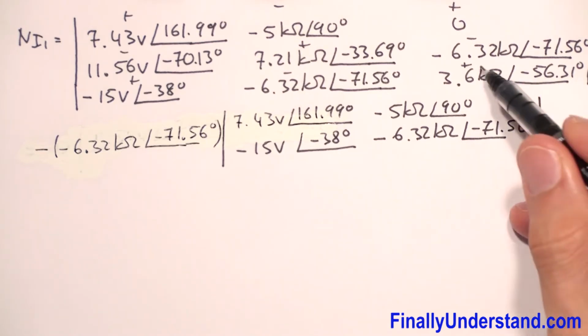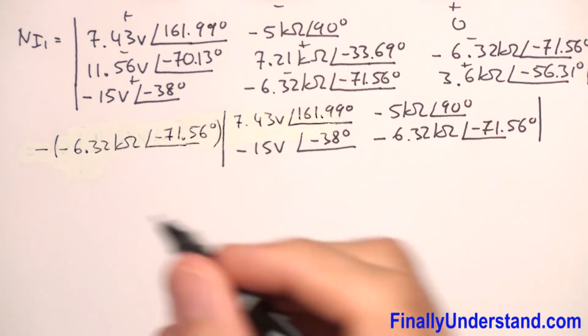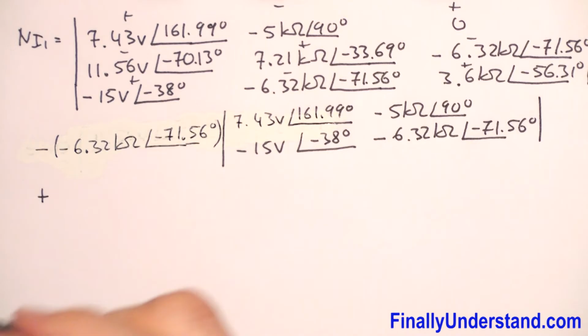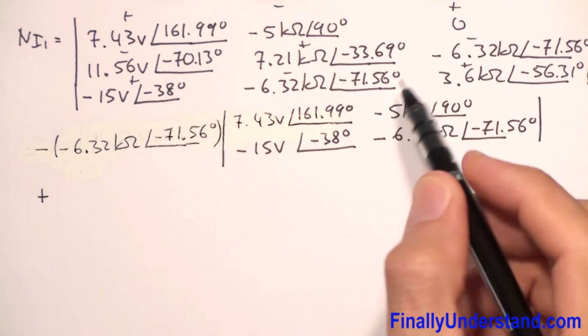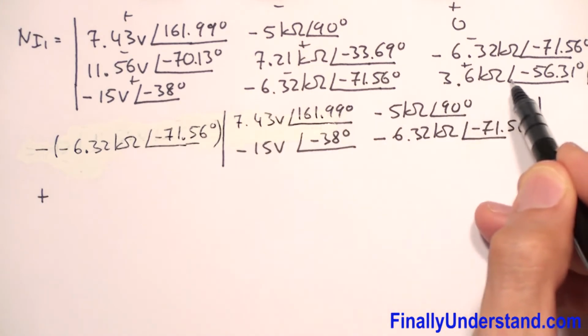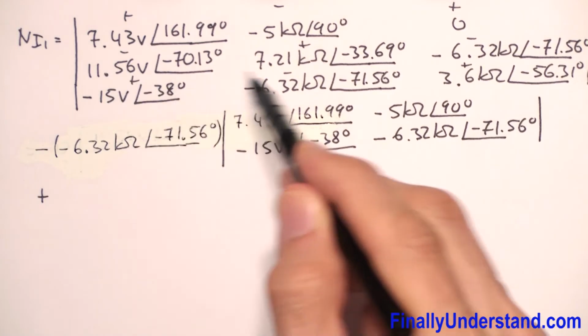Okay, now I'm going to take this value, and because I have positive sign over here and this is positive, I'm going to write this is plus. And remember, I cannot use anything from this row because I'm using this number, and anything else from this column. That's why I have to use these 4 values.